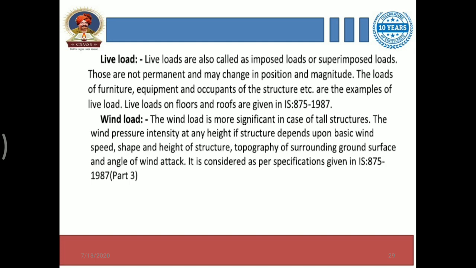Basically, wind speed, what is the speed of wind acting on the structure, what is the shape of the structure, and then the height of the structure. These all are the important parameters which are to be considered during the wind load calculation.